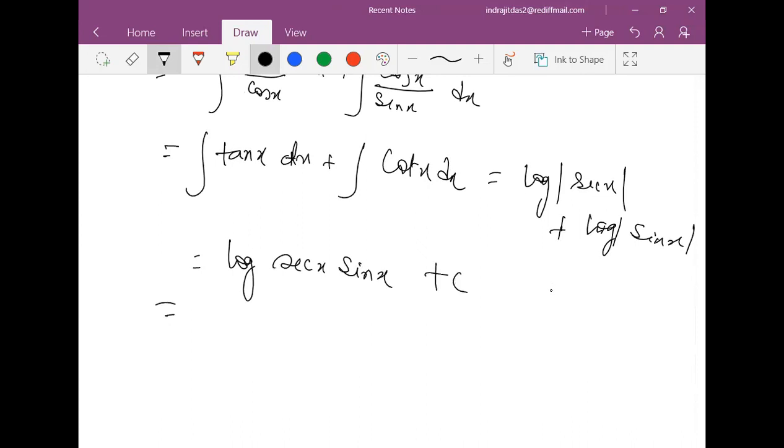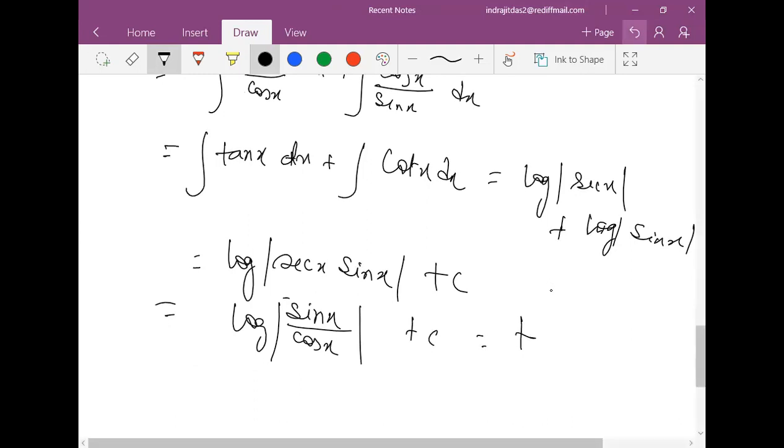Now sec x is of course the reciprocal of cos x, so that is sin x by cos x, with a mod sign here. So your answer will be log tan x. Yes, that can be of course another answer if you want. So it will be log mod tan x, we are writing without negative sign, plus c.